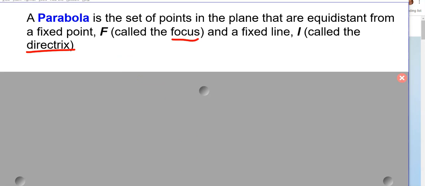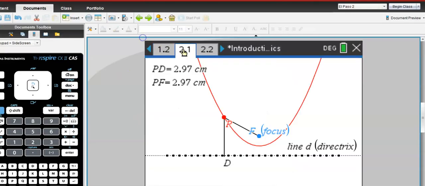To visualize that, I'm going to show you just a calculator program here. Any point on this parabola, no matter where I move point P, stays on the parabola. If I measure the distance from point P to the focus F, PF is 3.98. If I measure the distance from the point to the line, by the way, the quickest way to get there is at 90 degrees.